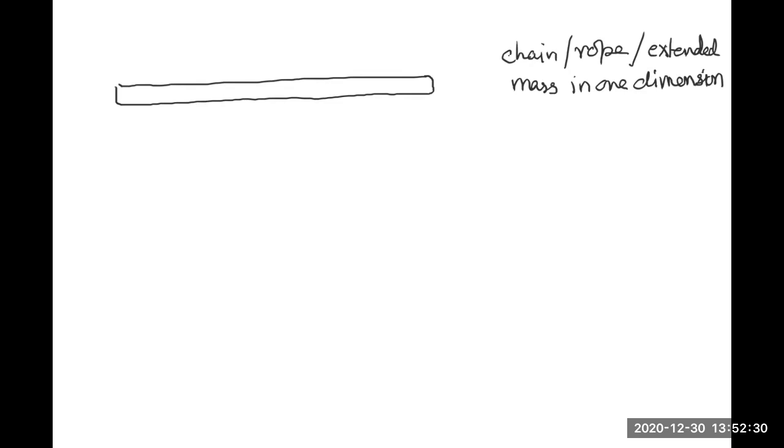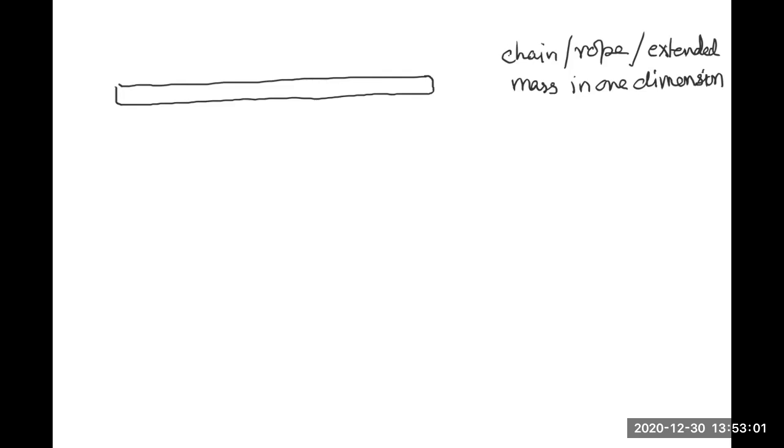It's continuous because it exists at various points in space, and its individual components you cannot point out, you cannot count. I know you may be thinking, in a chain we can count the individual links.